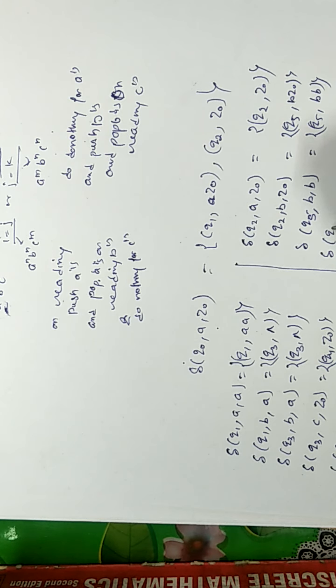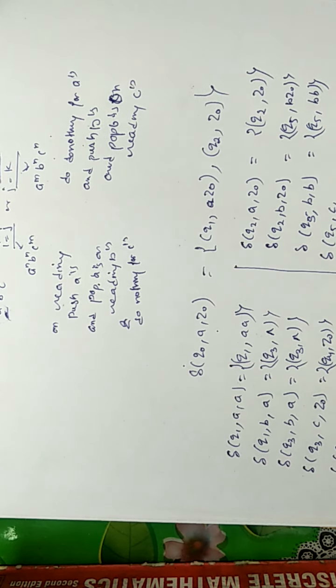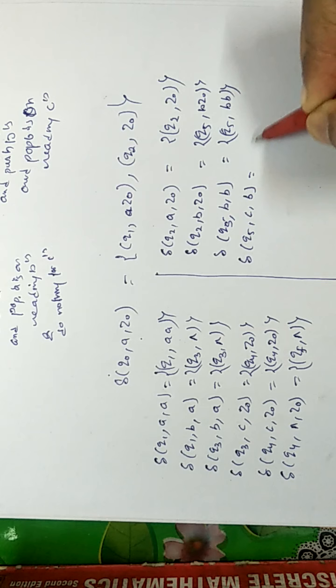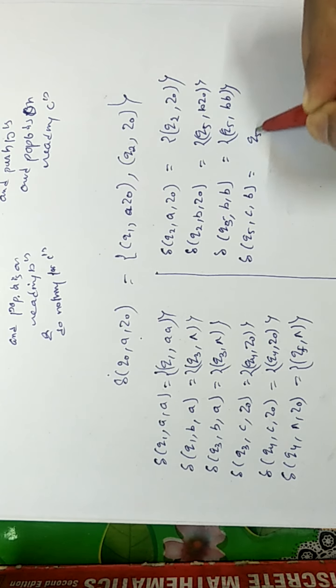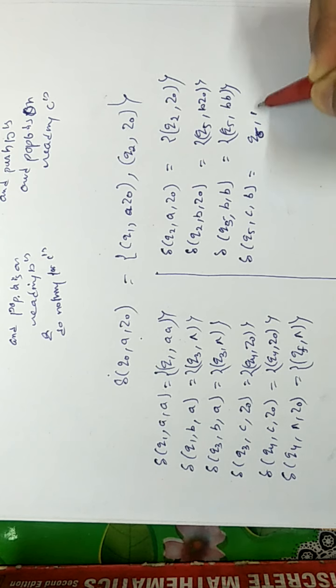Then we will read the first c, b will be on the top, we are changing state here and popped this b.